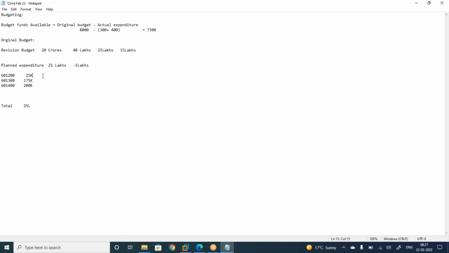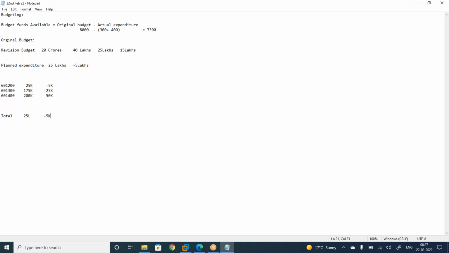Now I want to decrease 5 lakhs. Then I will make this minus 5,000, this minus 25,000, and here suppose I am decreasing 50,000, so that at the end minus 5 lakhs is posted.